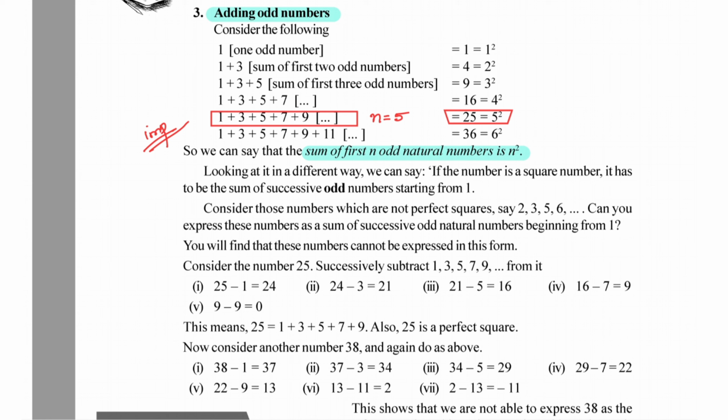So this is how you can find the sum of first n odd natural numbers. You just have to remember it is n square. In other words, we can also say that if the number is a square number, it has to be the sum of successive odd numbers from 1. So if the number is a perfect square, then we can express that number as the sum of odd numbers starting from 1.